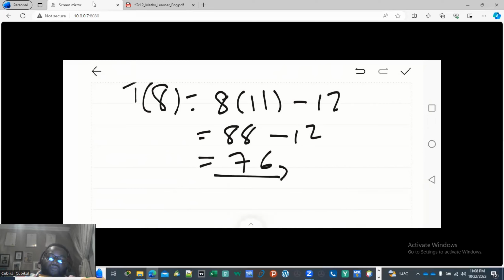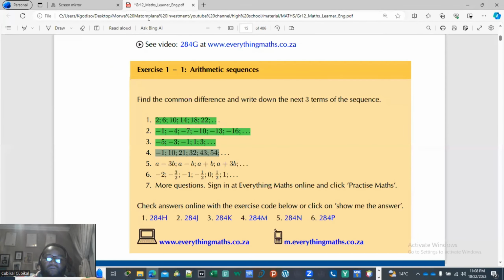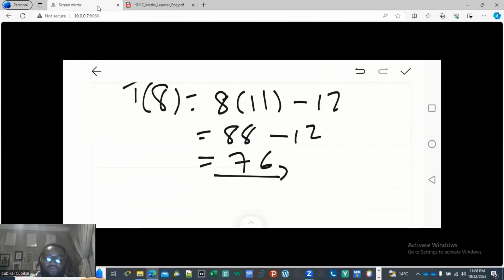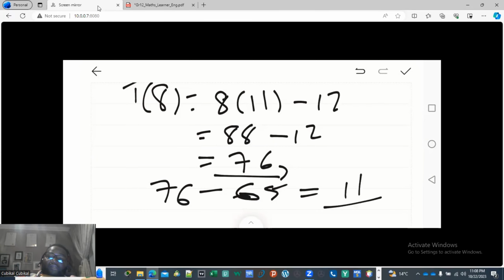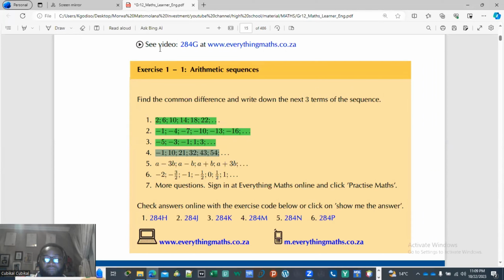So to prove this, when you say 76 minus 65, you're going to get 11, which is correct.